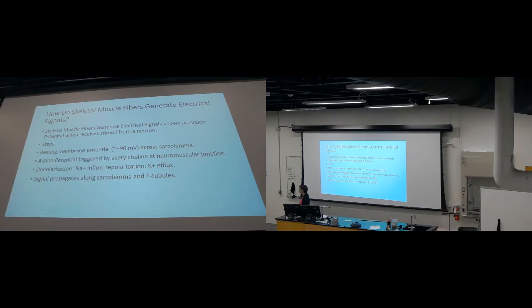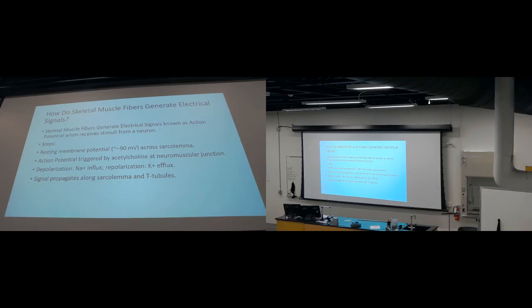Okay, so now for the physiology of this contraction. How do these muscle fibers generate electrical signals? In excitable cells like neurons and muscle cells, you have the generation of electrical signals known as action potentials. When the cells are doing a specific function, they generate these action potentials, and when the cells are resting, they have what is called the resting membrane potential, or RMP.